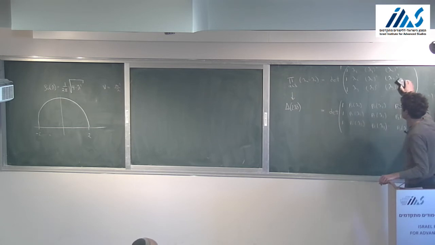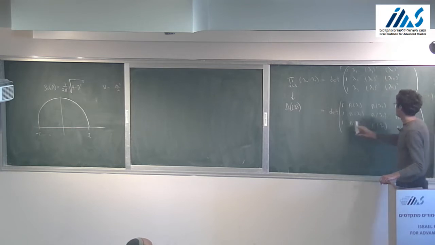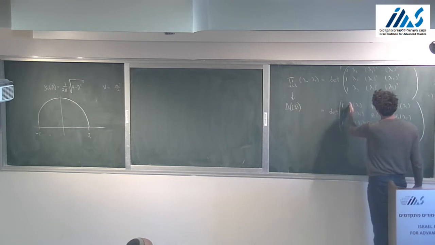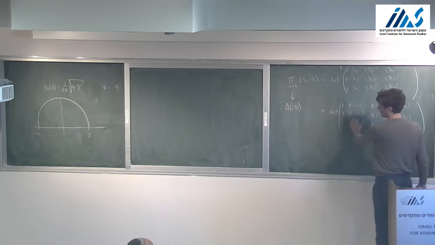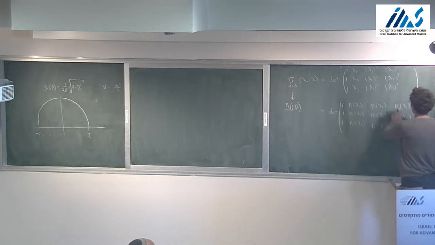It's useful to write an alternate expression for this determinant by doing column operations on this matrix that don't change the determinant. By doing column operations, we can have monic polynomials of the eigenvalues here, with a polynomial of degree 1, a polynomial of degree 2, a polynomial of degree 3, and so on.